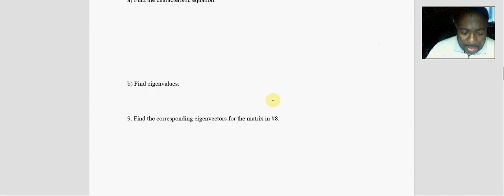Numbers 8 and 9. Here we want to find the characteristic equation. My space may run out, so let me just use this part here.